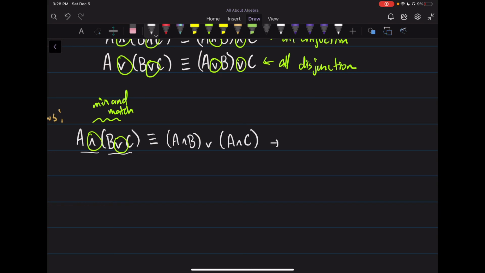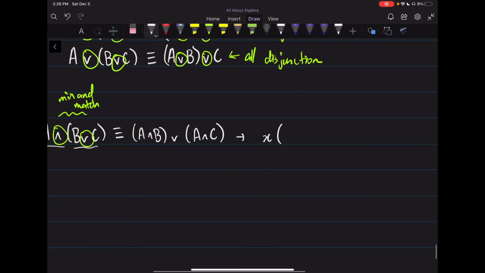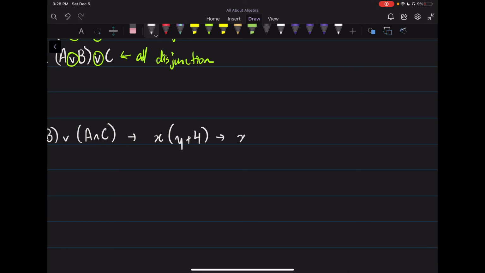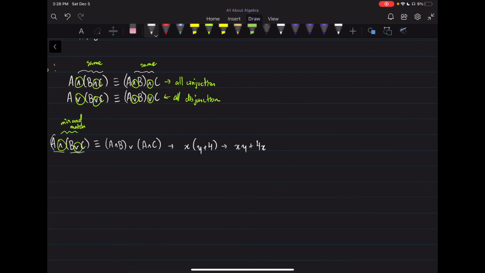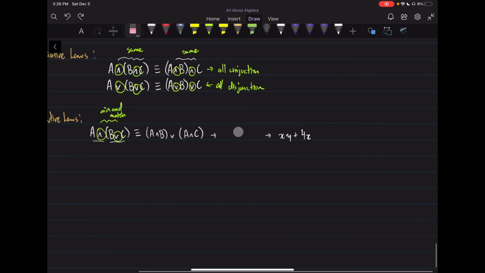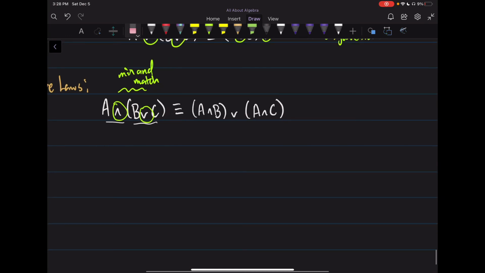If this doesn't make sense, consider it like factoring something. If I have this, the way I would expand this is I would do xy plus 4x, because I apply this to each of the terms. That's exactly how you do it. Similarly, if we have A or B and C, we would just do A or B and A or C. Again, the order of this doesn't matter.